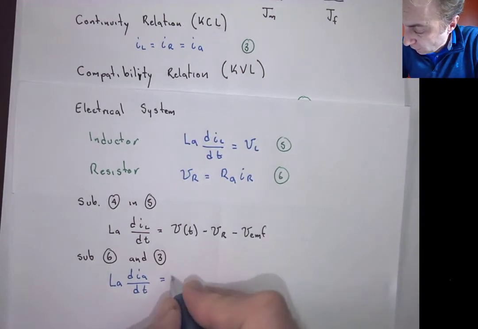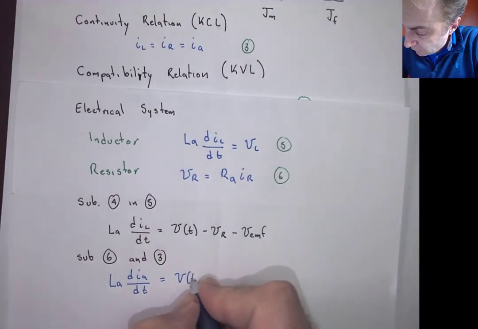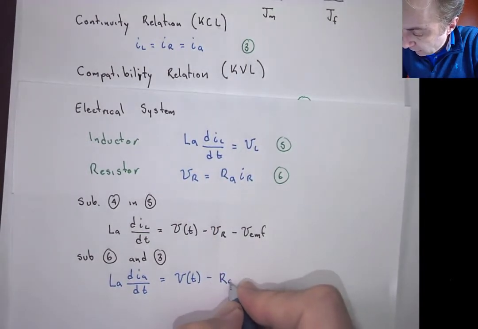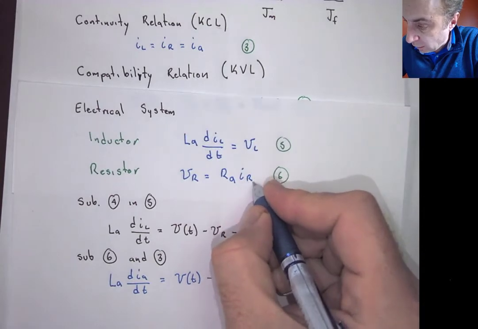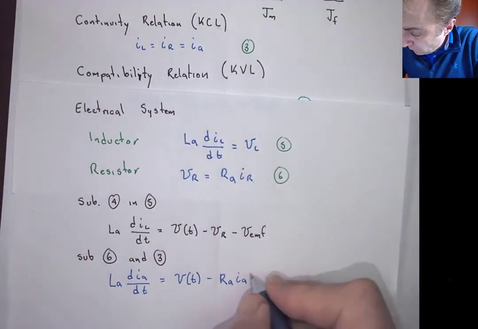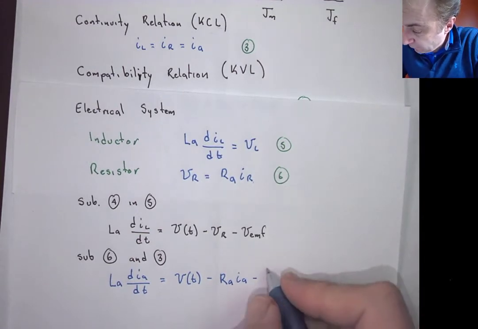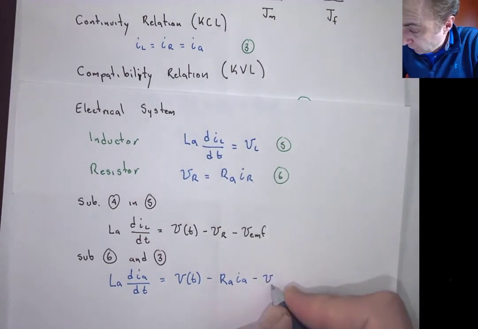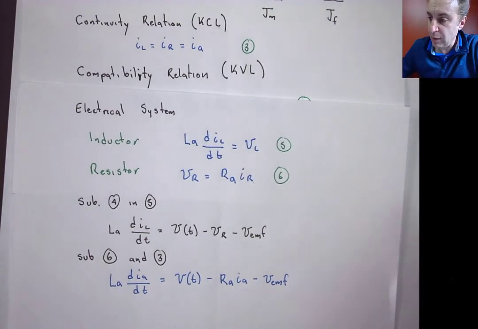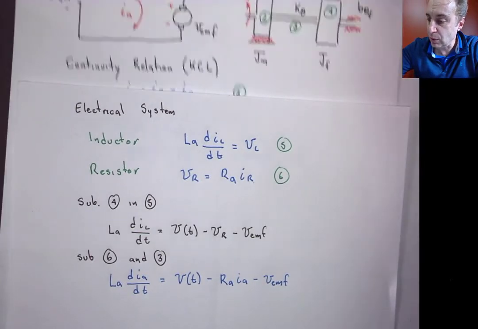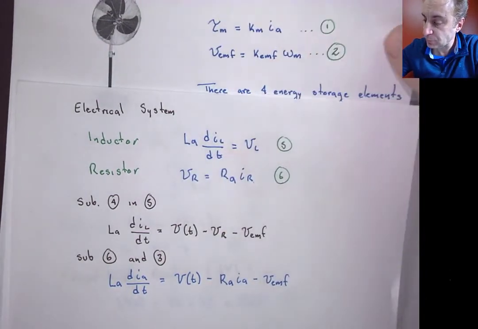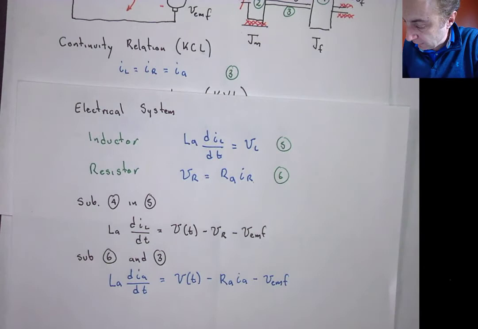It's going to be equal to VT minus RA times IR, but IR is IA, minus VEMF. And then eventually for VEMF, we're going to substitute this relationship that we have here.